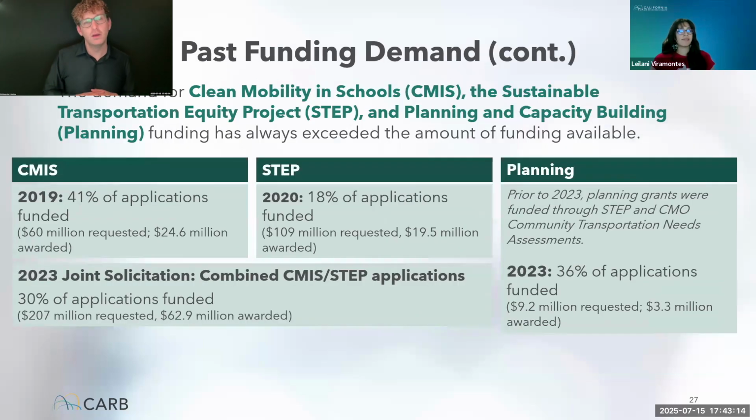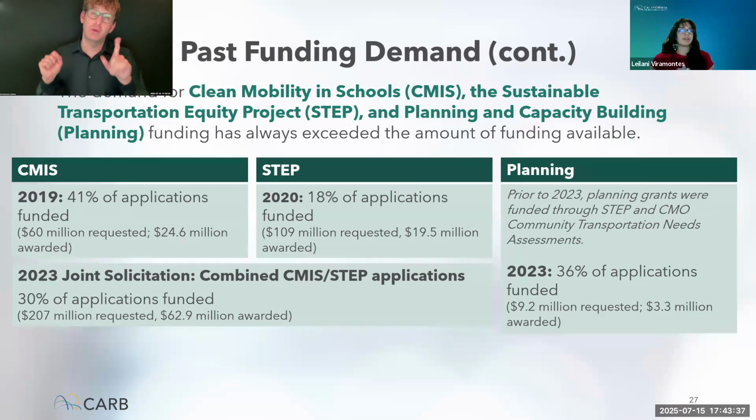The newer projects have also been very competitive and oversubscribed in past funding rounds. For context, CMIS grants range from $5 million to $9 million each. STEP grants range from $3 million to $13 million each. And planning grants range from $100,000 up to $500,000 each.